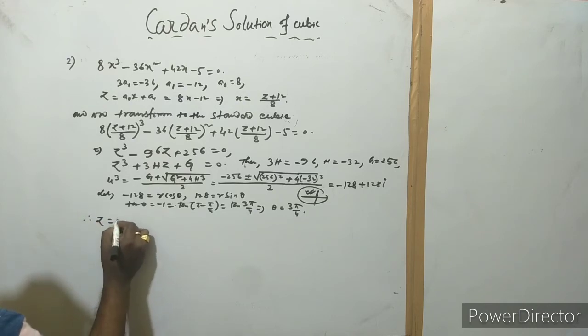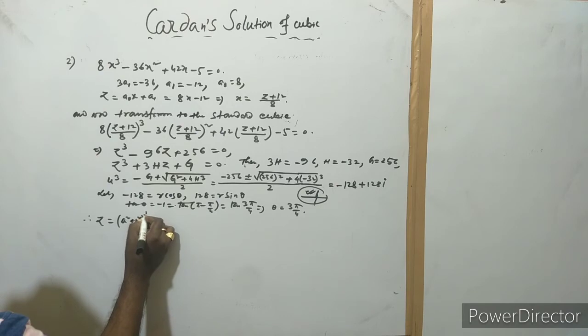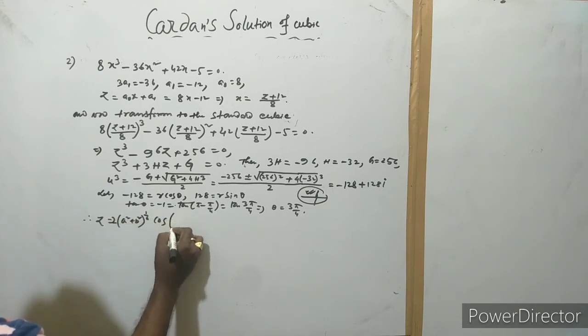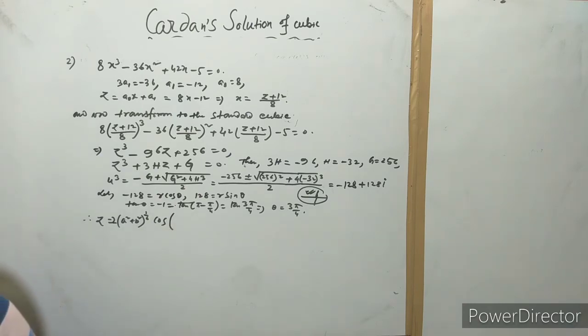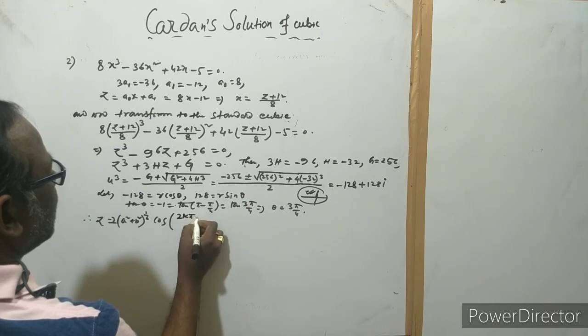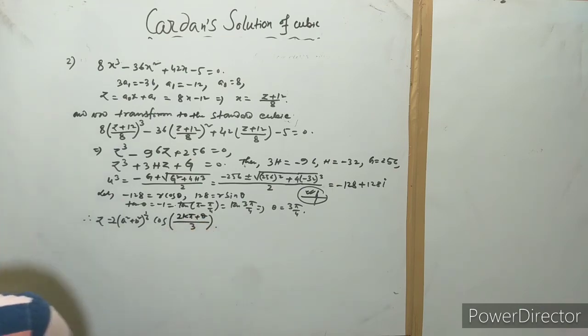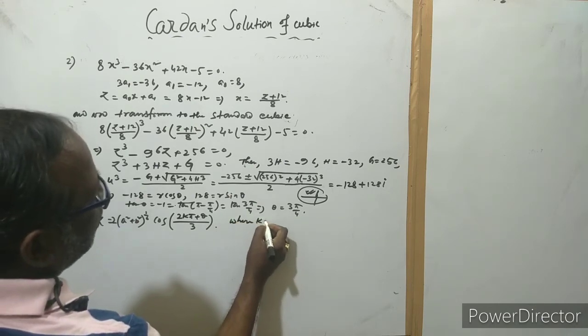So therefore the z is here 6th root of a square plus b square, 2 times of that, and cos of, see the theory which I introduced to all of you, this is cos of 2k pi plus theta by 3 actually, where k equal to 0, 1 and 2.